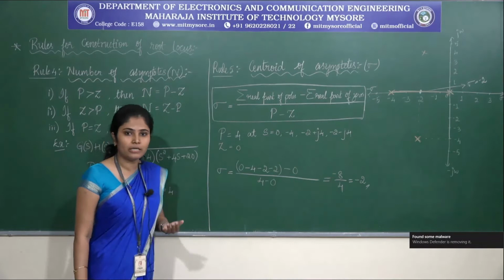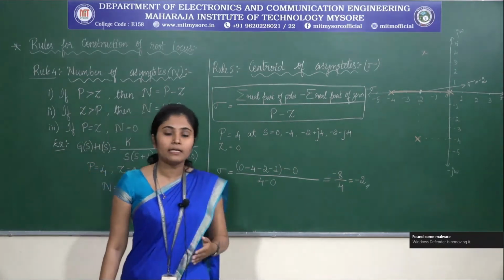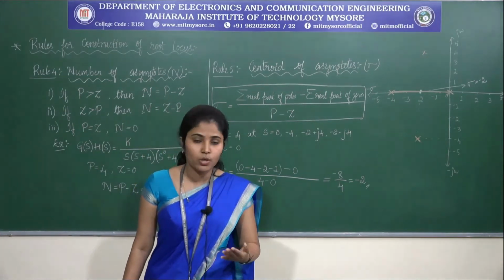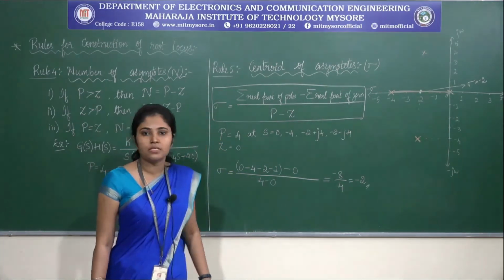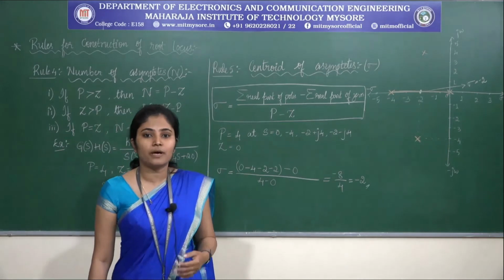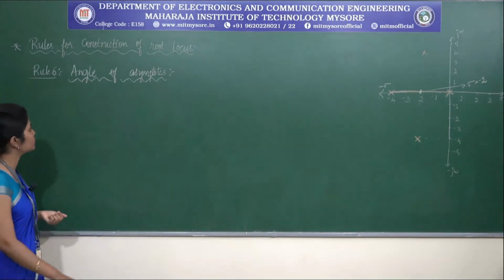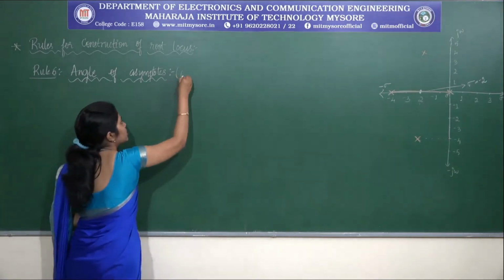Now I need to find out at what angle all these asymptotes are meeting at infinity, which is nothing but rule number 6, where we try to find out the angle of asymptotes. I need to find out the angle, which is denoted by theta.